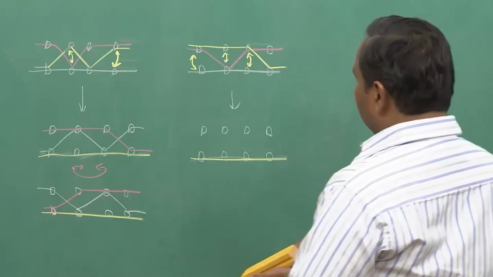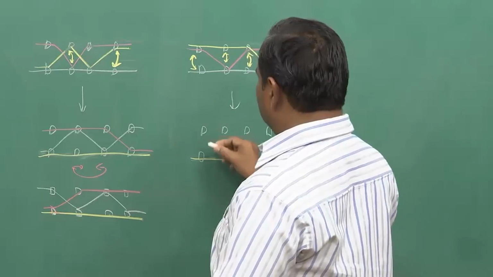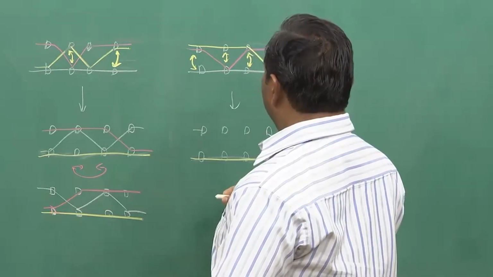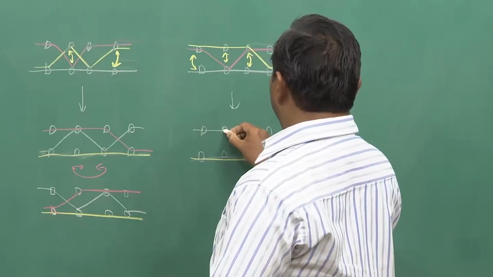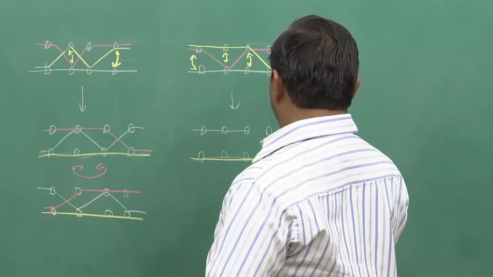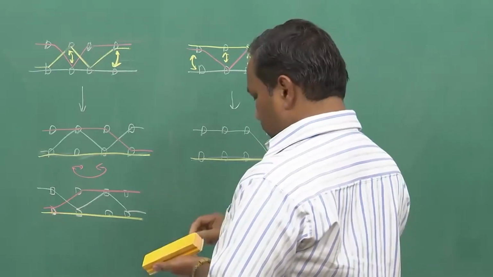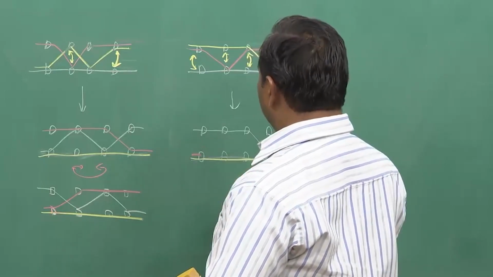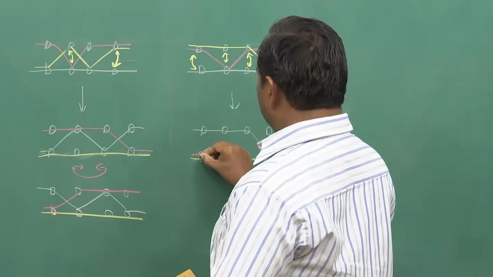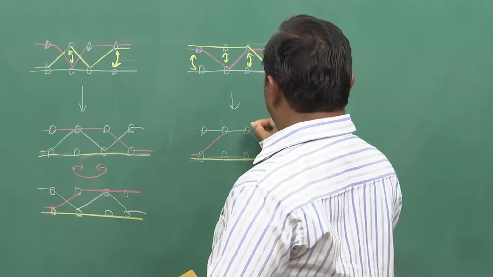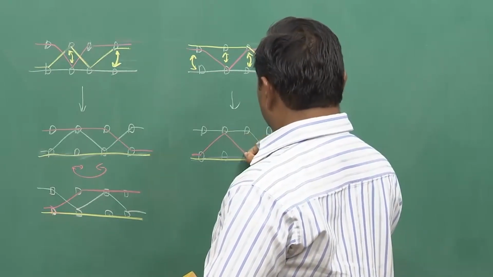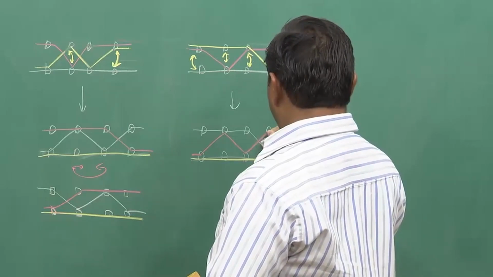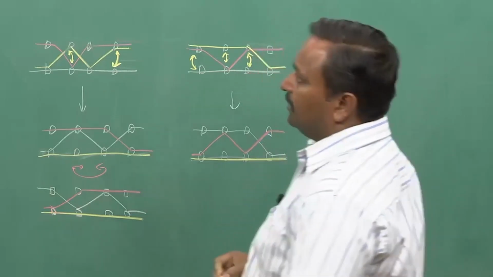So, once I do it, what happens to the white? The white is coming from the top now, going to the top, remaining on the top and then coming down. And what happens to the pink one? The pink one starts from the bottom, goes up, then goes down and then goes up again.